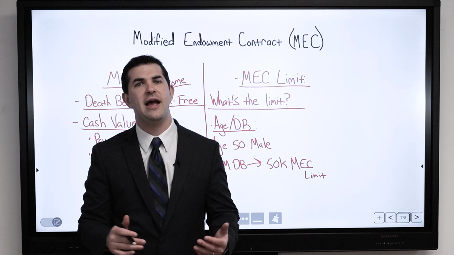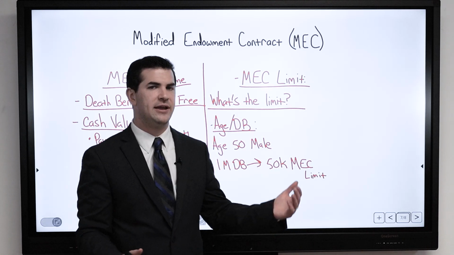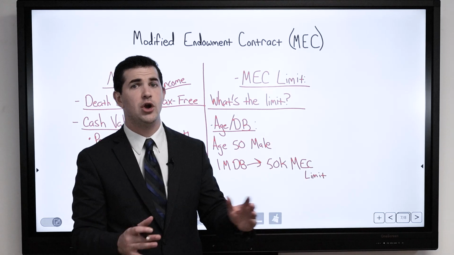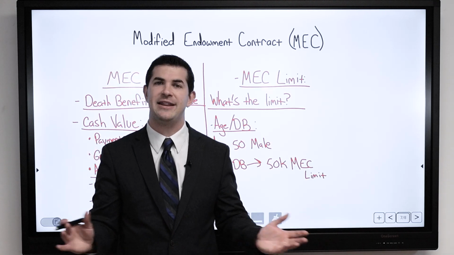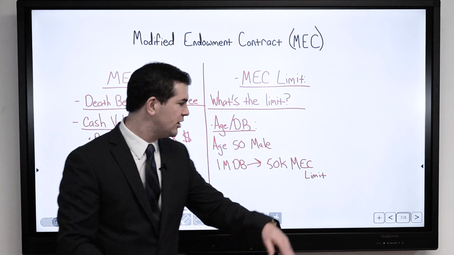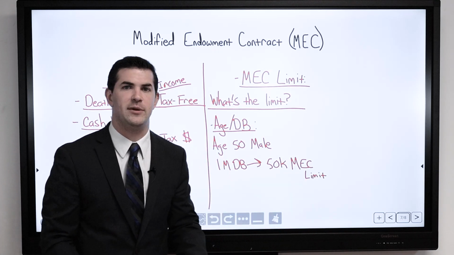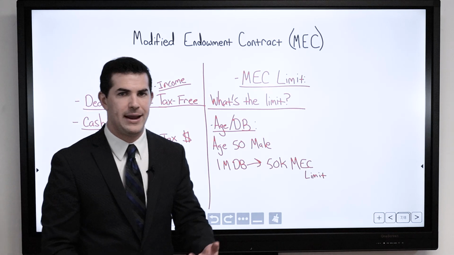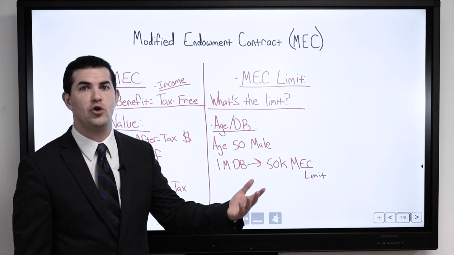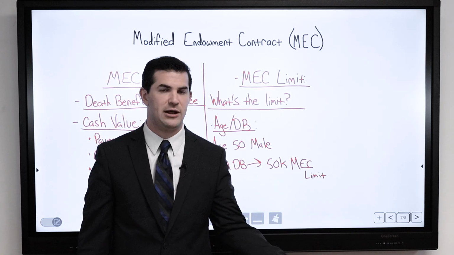So typically, how we'll set this policy up is if I wanted the ability to pay in $50,000 per year, we're going to set the death benefit at the minimum amount needed. This keeps my costs as low as possible to obtain that $50,000 MEC limit. If I wanted the ability to pay in $100,000 per year and I'm a 50-year-old male, that's going to be approximately a $2 million death benefit.